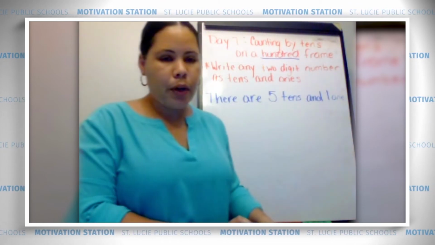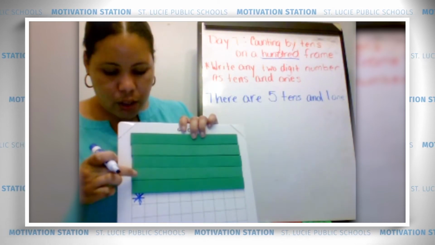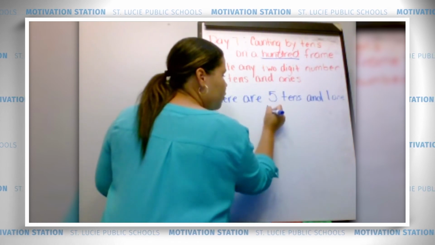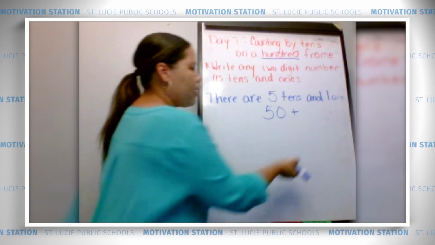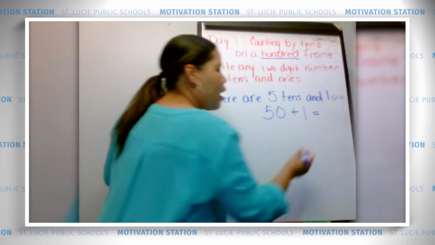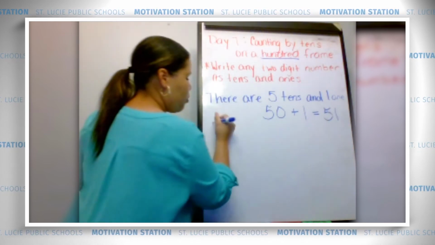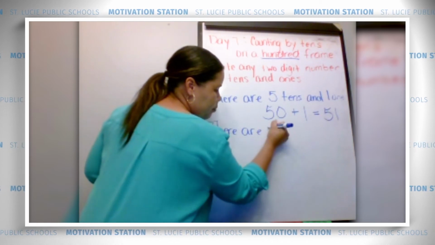And when we were counting 5 tens, 10, 20, 30, 40, 50. 5 tens represents 50 plus 1 represents 1, and 50 and 1 makes 51. So there are 51 stars.